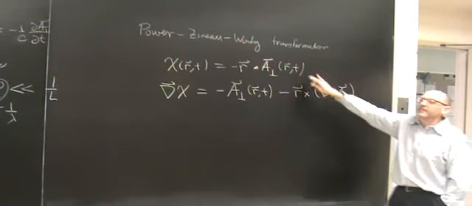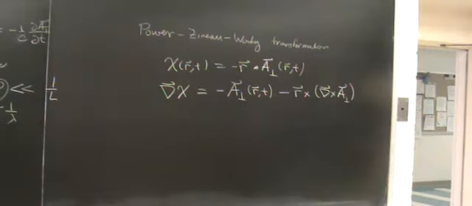Plus the terms that depend on the divergence of A, but the divergence of A is 0.